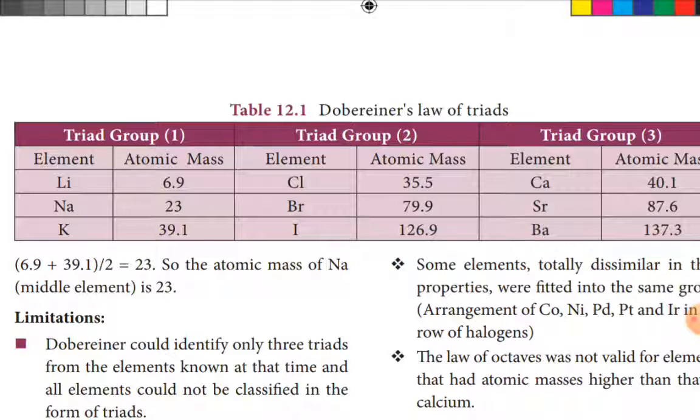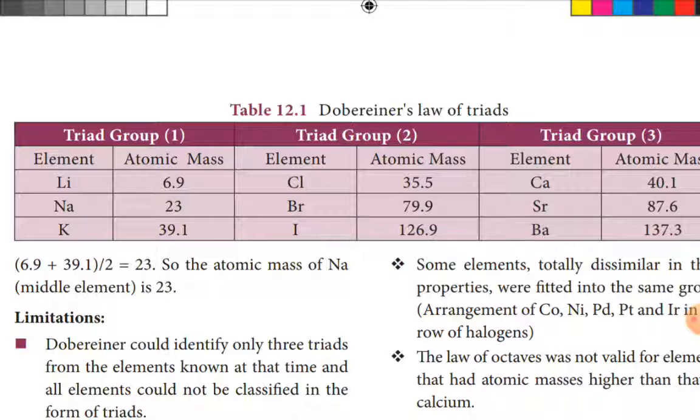So you are going to get 166.4. 166.4 divided by 2 is going to be 81.2. That is nearly equal to the bromine atomic mass 79.9.